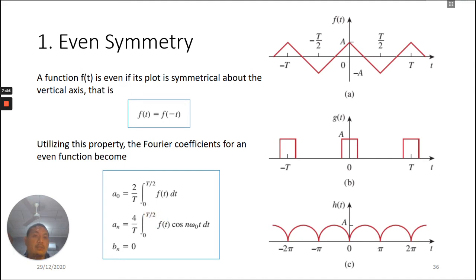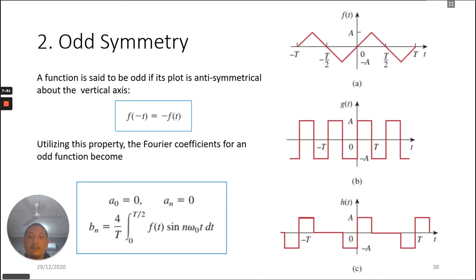So you just need to find an from 0 to T over 2, so f(t) here only considers f(t) from 0 to T over 2. That is for even.